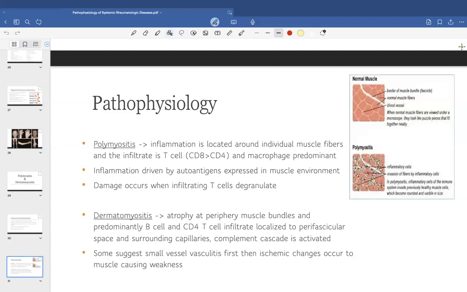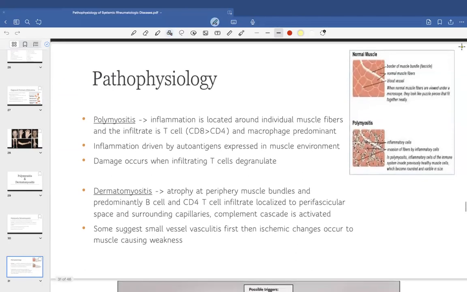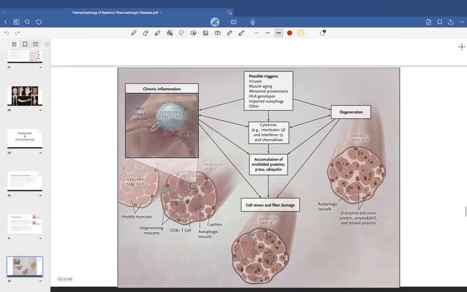And the pictures on the top show normal muscle and polymyositis, where you see the inflammatory cells invading even into the muscle cells, into the fibers, into the muscle cells themselves. And this just shows the patho of the damage with the polymyositis.